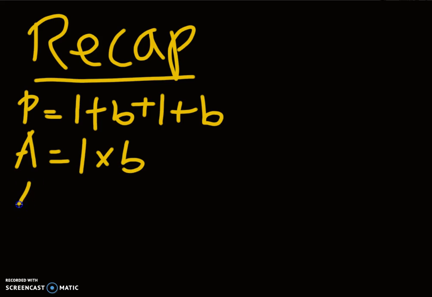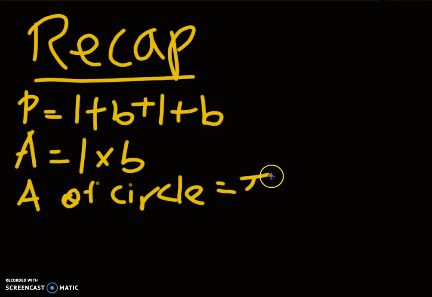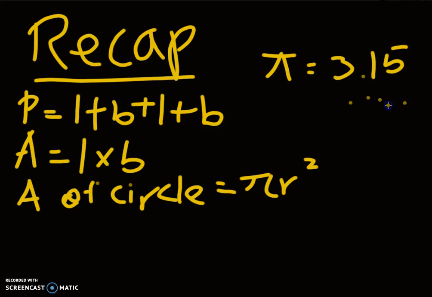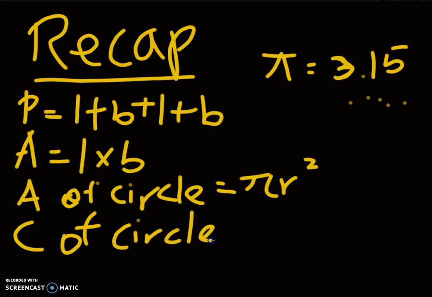Okay, area of circle, pi r squared. Remember, pi equals 3.15. Circumference of a circle equals 2 pi r.